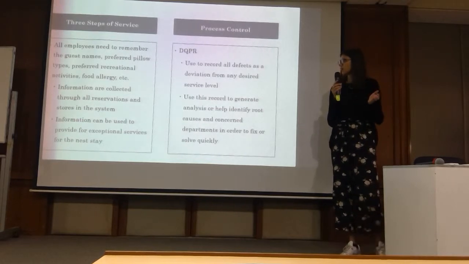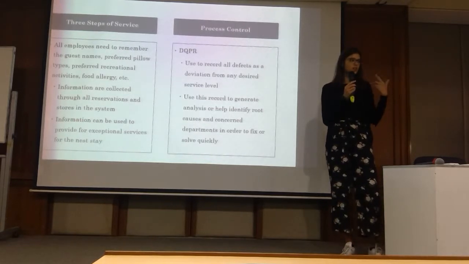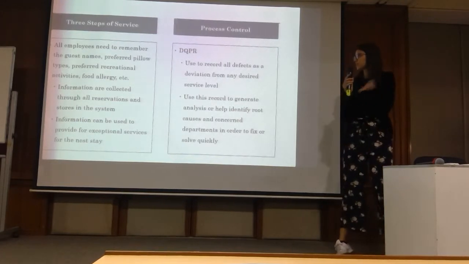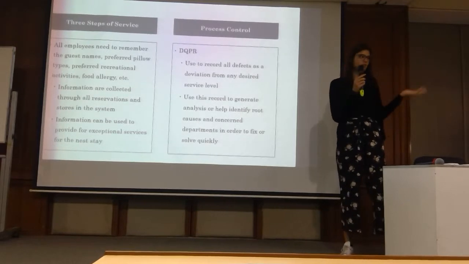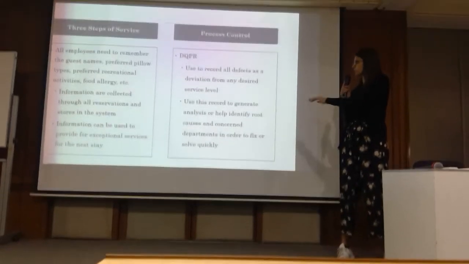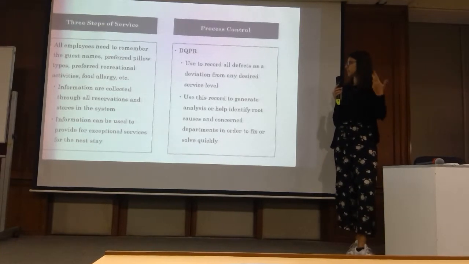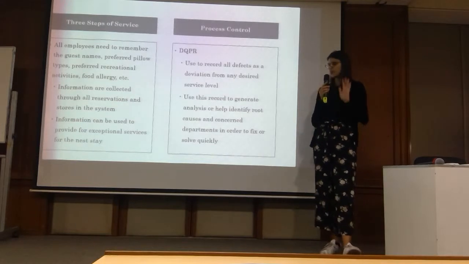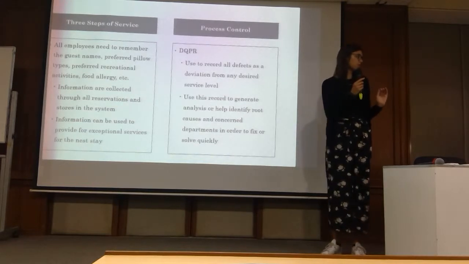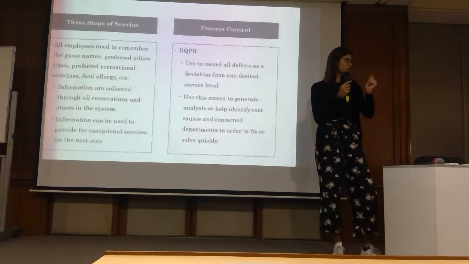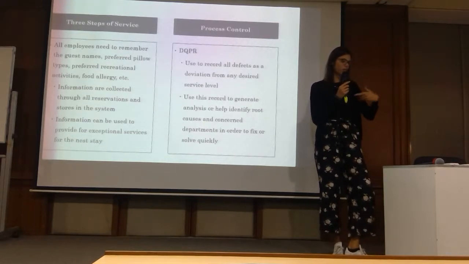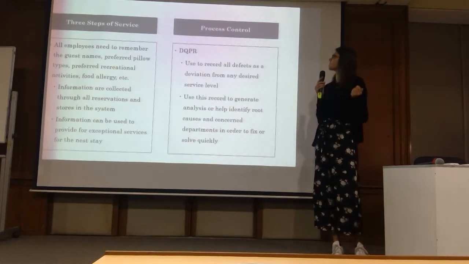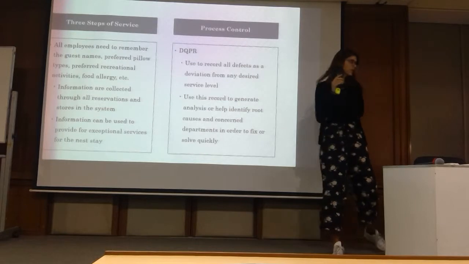For example, if a room was not clean, or if the room was not ready upon check-in, or if they made a mistake in the room reservation, any kind of error has to be recorded, and then they can analyze and identify the cause and the departments that are concerned, and they can fix and solve the issue very quickly. So really, they gather all data to make sure it will not happen again, and to offer a high level of quality.